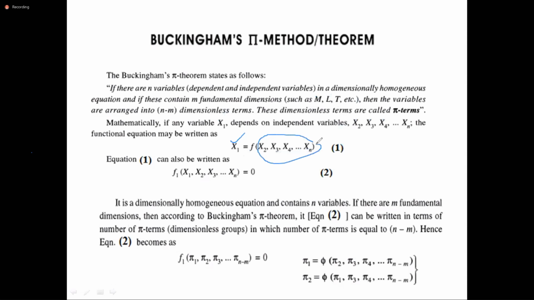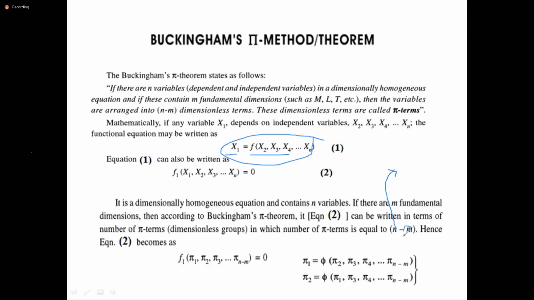This is the dependent variable and the others are independent variables. So all variables, the right side and the left side, we have to count. Those variables are called n.